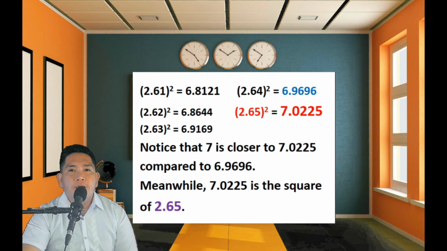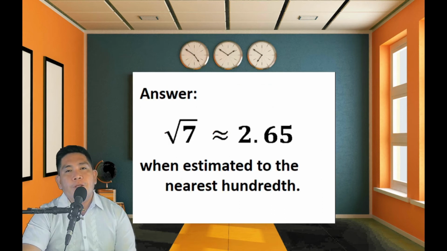Meanwhile, 7.0225 is the square of 2.65. Therefore, our answer to the square root of 7 is approximately equal to 2.65 when estimated to the nearest hundredths.